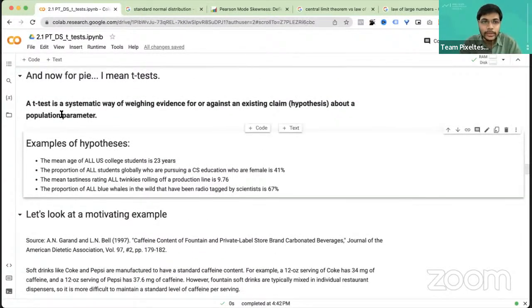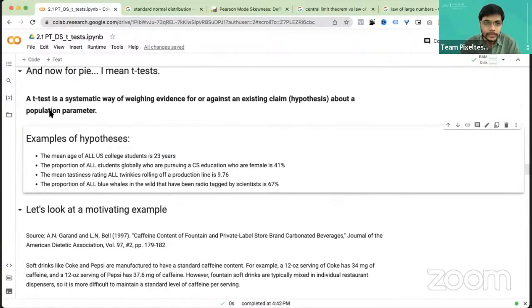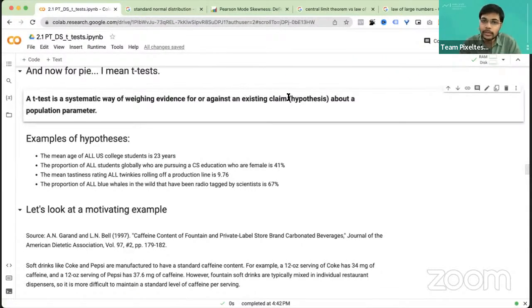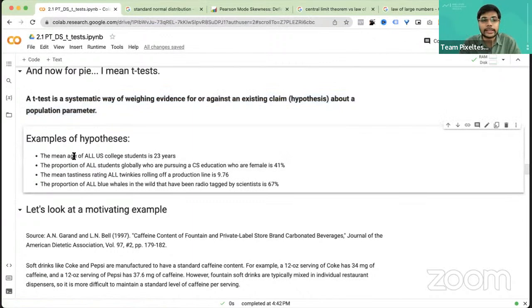So now let us try to understand what a t-test is. A t-test is a systematic way of weighing evidence for or against an existing claim or a hypothesis. An existing claim means a hypothesis about a population parameter. This could be one hypothesis, like let's say the mean age of all Indians is so and so.